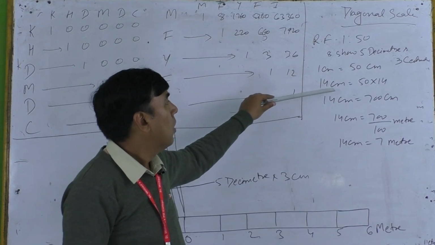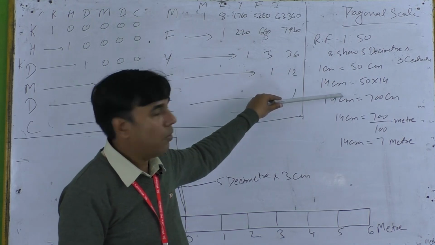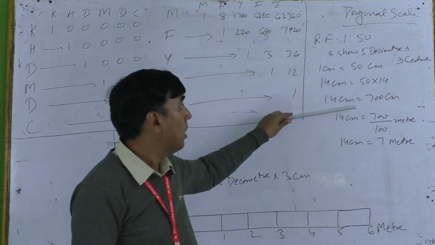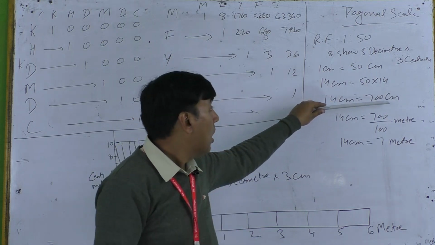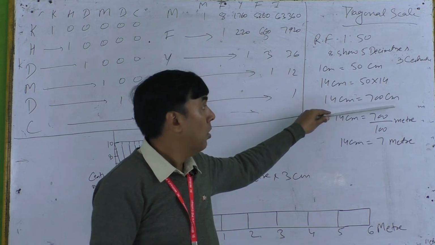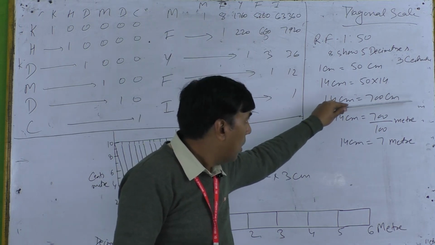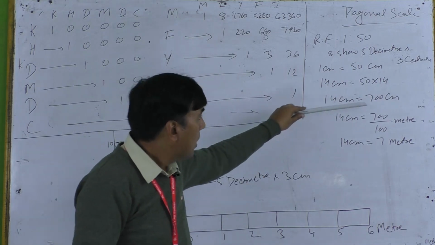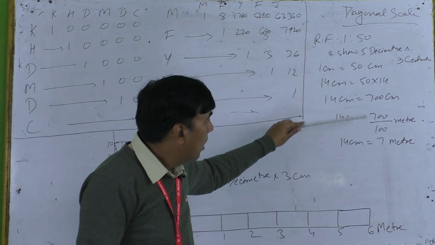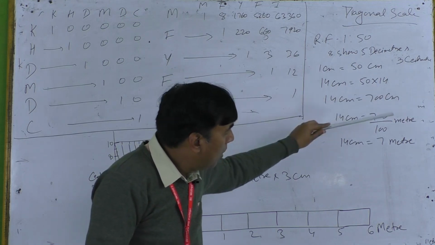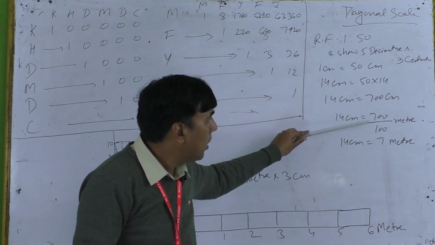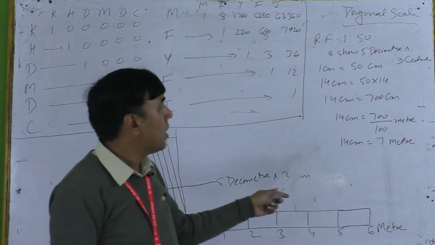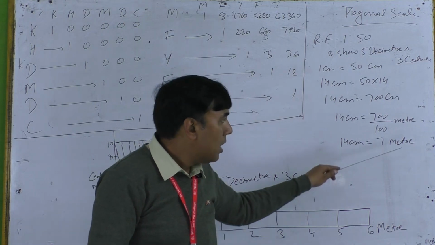If we draw a 14 centimeter line, it will show 50 into 14 centimeters. So the answer is 700 centimeters of the ground shown by the 14 centimeters. Now we convert 700 centimeters into meters. 700 centimeters divided by 100 is equal to 7 meters. So it means a 14 centimeter line will show 7 meters.